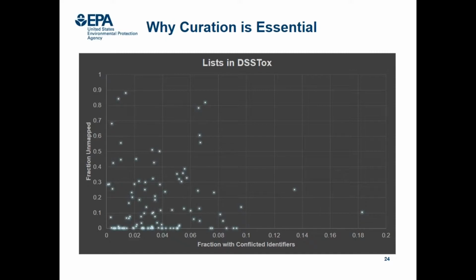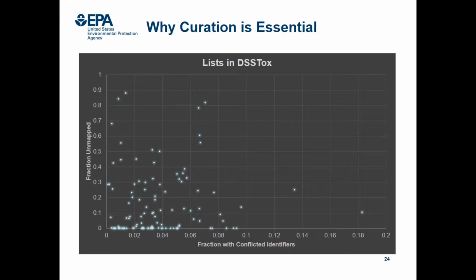Now, why is this important? Why do we curate? Well, we have so far loaded 110 different lists into DSSTox from different sources. In that list mapping, we can have a fraction of the set which is unmapped. We don't have anything in DSSTox which maps to the identifiers that they're using.